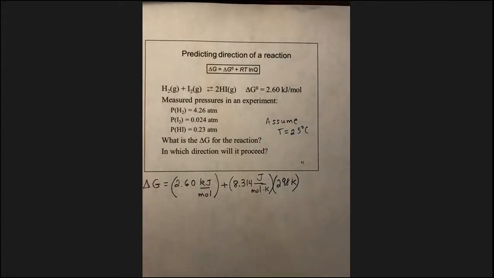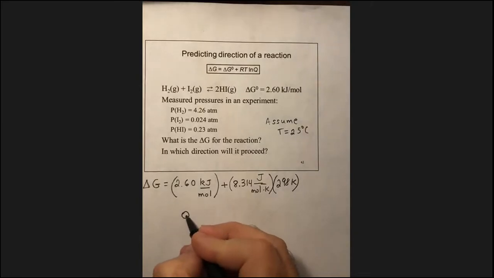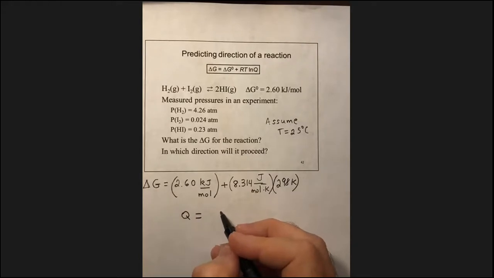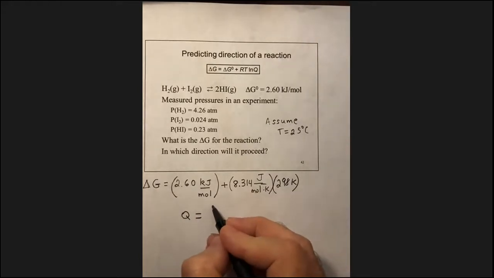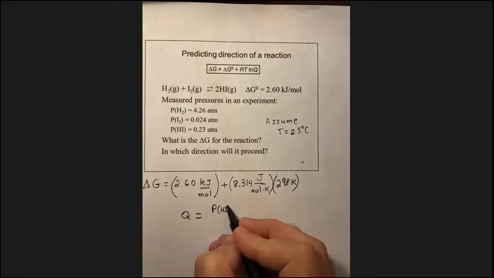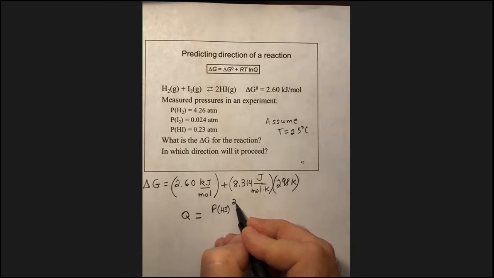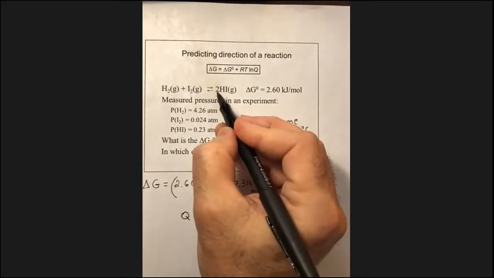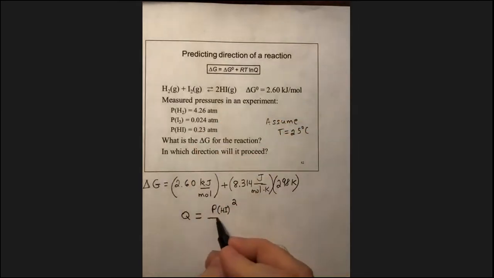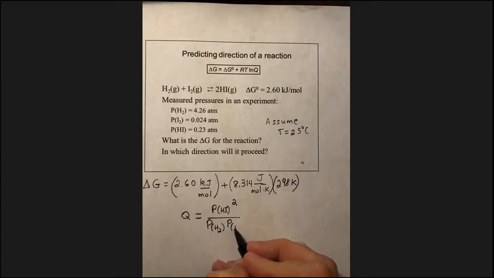Okay, I'm hoping you remember how to calculate Q, right? Remember, Q is products over reactants. So in this case, since they're giving us atmospheres, it would be the pressure of HI squared, because there's a stoichiometric coefficient of 2 there, divided by the pressure of H2 times the pressure of I2.